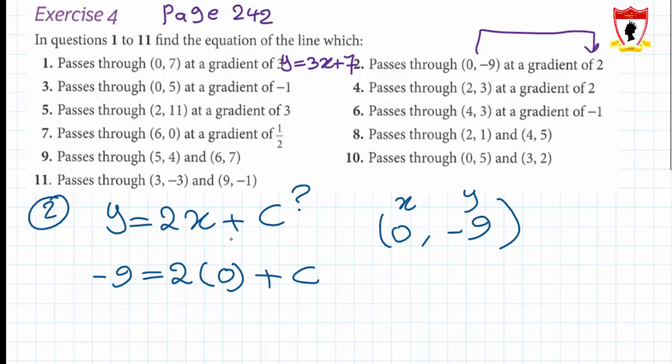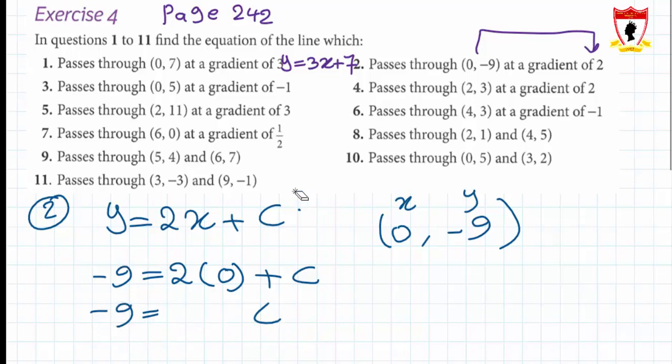We say plus c as we do in the standard form, but sometimes c is a negative number, so it's okay if we get a negative number for c. Then 2 times 0 is 0, plus c is equal to negative 9. 0 plus c is just c, so you see negative 9 is equal to c.